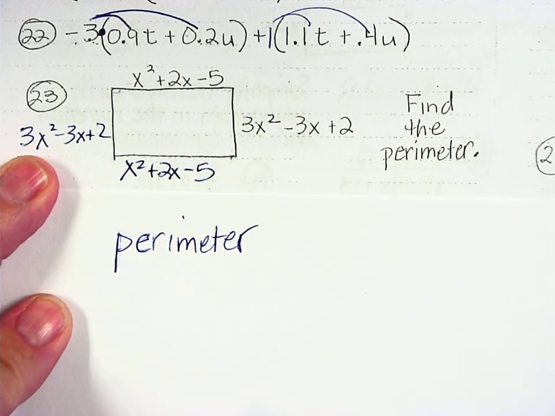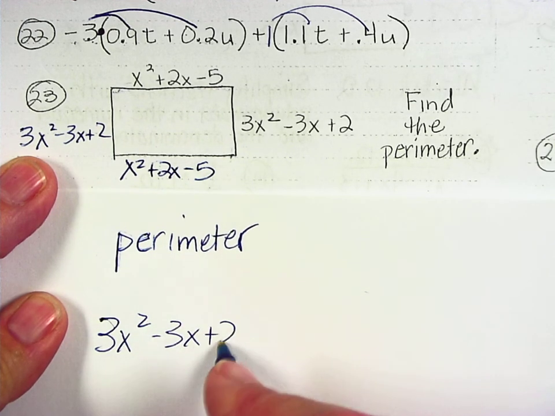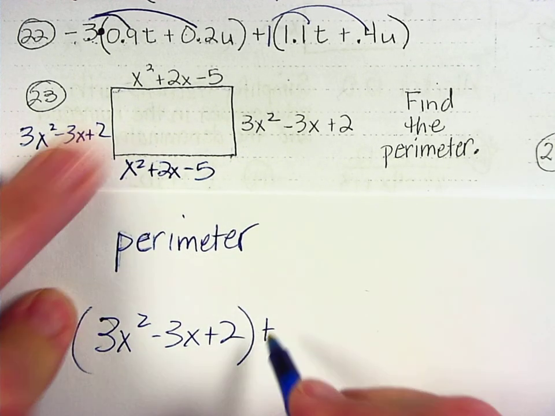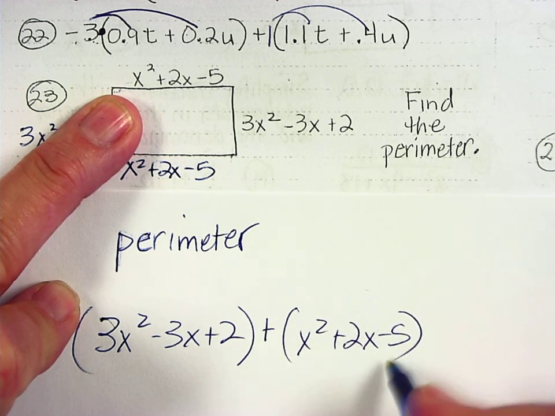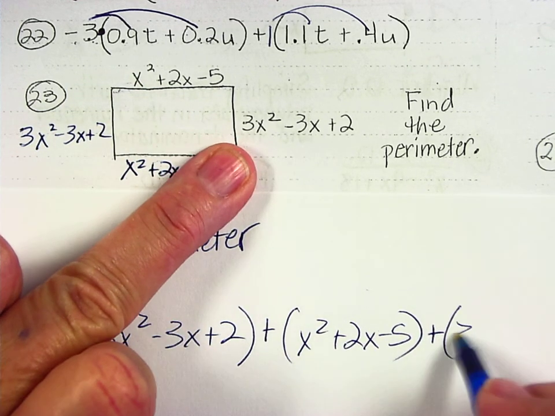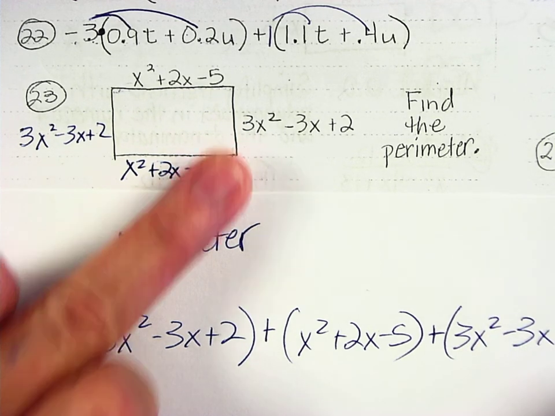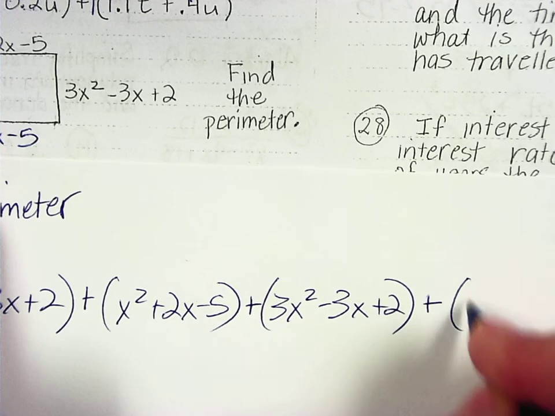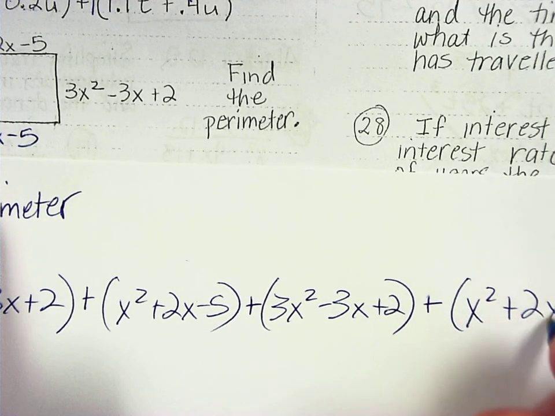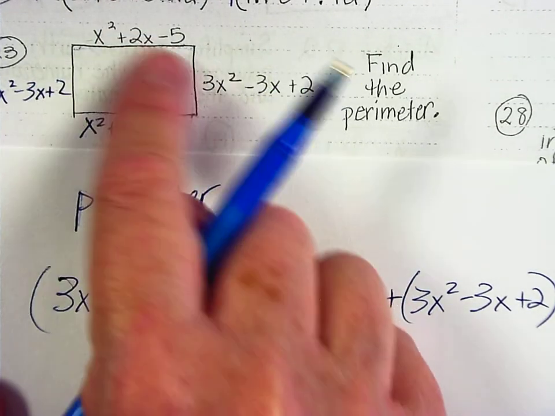So if I add 3x squared minus 3x plus 2 and x squared plus 2x minus 5 and 3x squared minus 3x plus 2 and x squared plus 2x minus 5, I should get the perimeter of this rectangle.